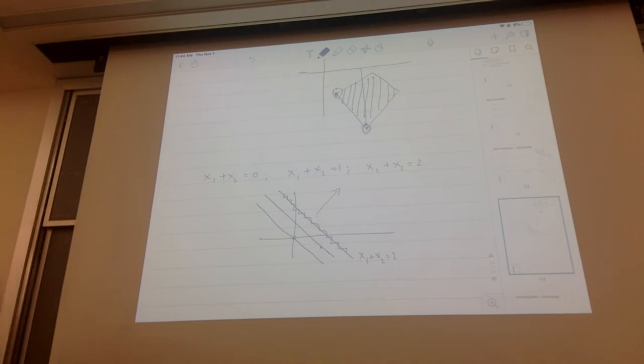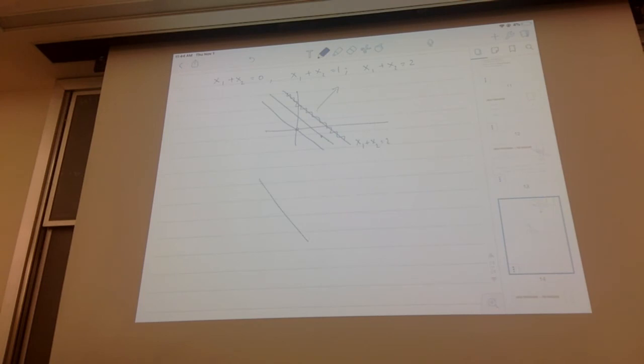So if you have your feasible set being something of this kind, maybe this was vertical, and this was your feasible set. Now you look in this direction, which I will call x1 plus x2, and you look for the furthest point.